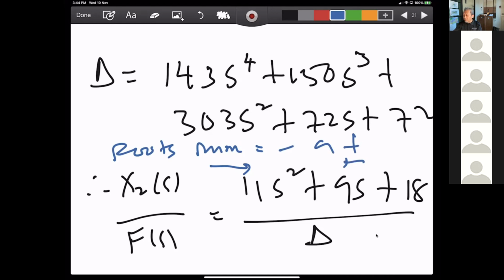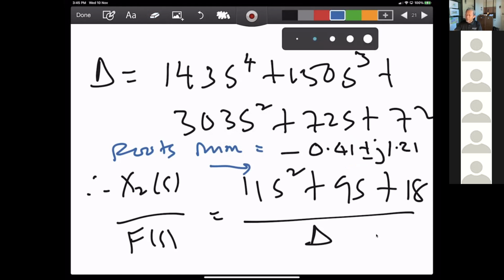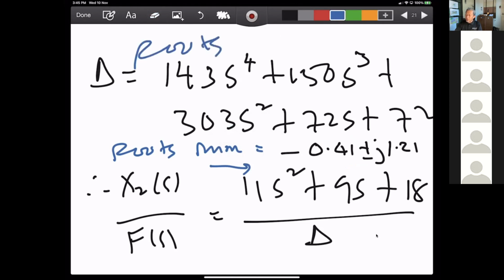Plus 3, 79. Simplify. If we want decimal, negative 0.41. Negative 0.41 plus J 1.21. And the other one is for the denominator.